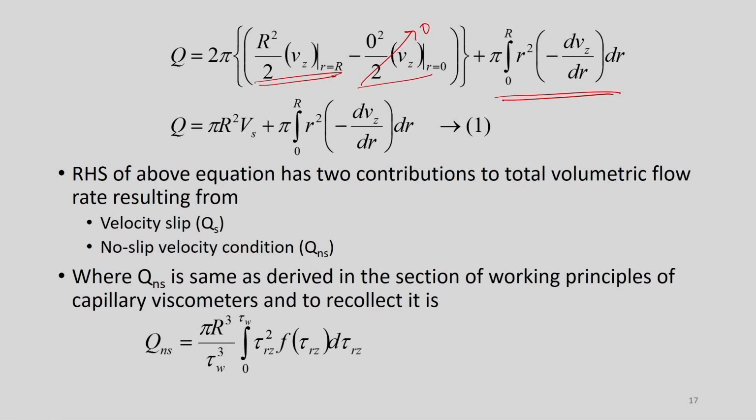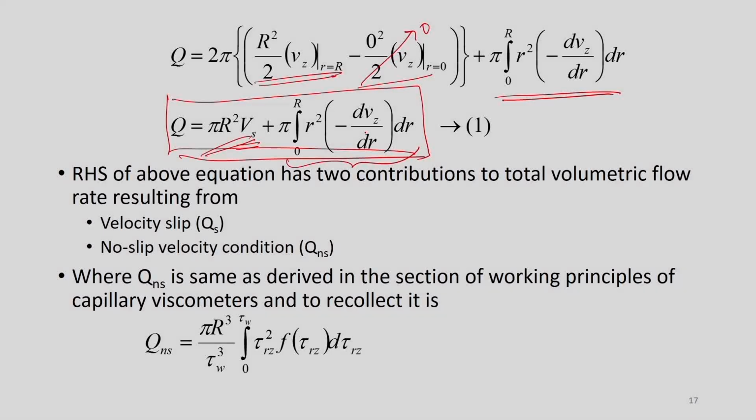So, at the wall, r equals capital R, rather than no slip, we have a slip velocity, which let us indicate as Vs. Then the volumetric flow rate is nothing but this particular expression. It is not only the second term as in the working principle; in addition to this, there is a correction because of the slip velocity. Okay, so the first term on the RHS is associated with the velocity slip.